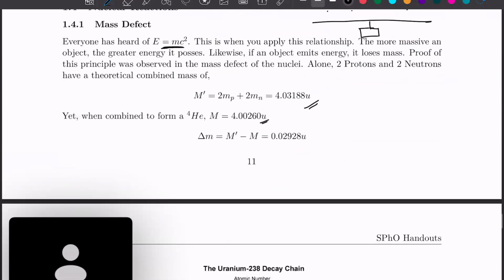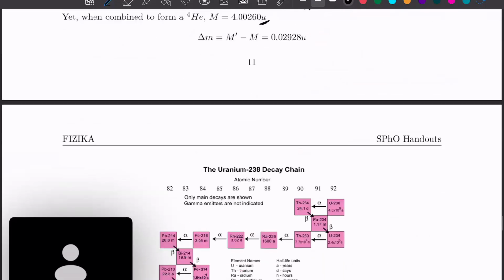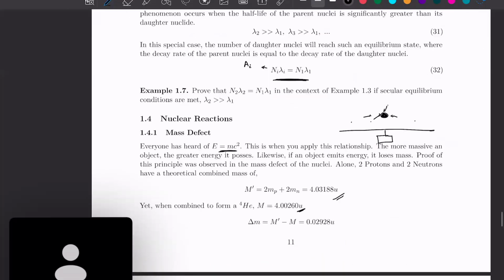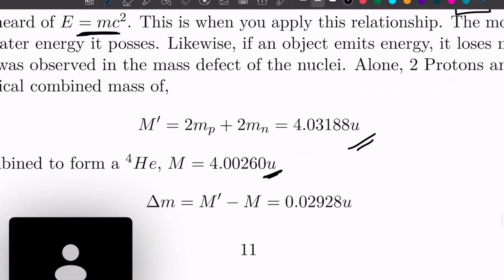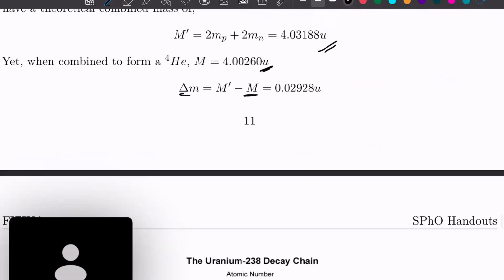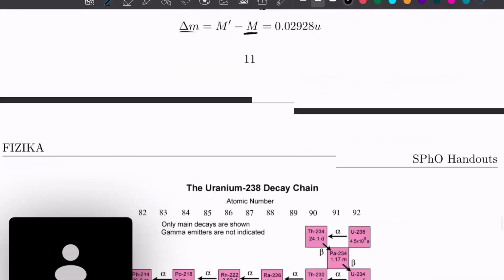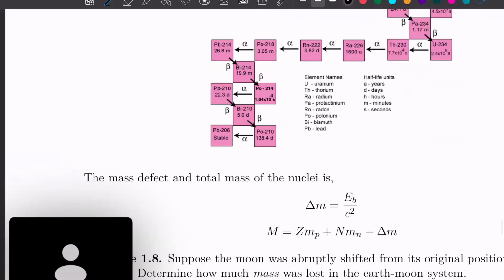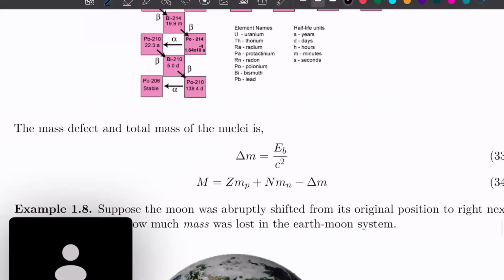Following this, the mass defect itself is basically the difference between the mass of the nucleons alone compared to the combined mass of the nucleons. So that's the mass defect. And you can find the binding energy.